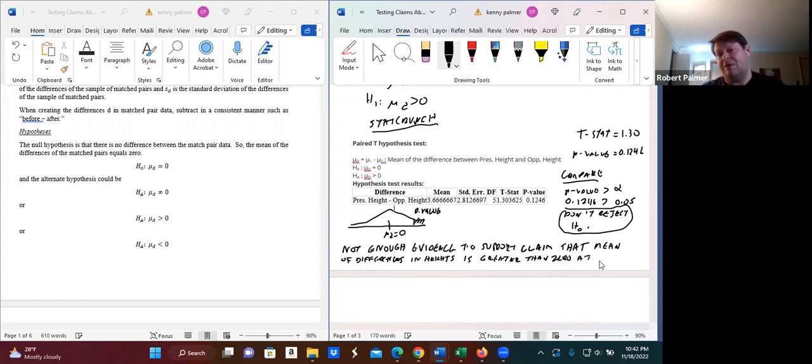Once again, at 0.05 level. I'll just say squeeze it in level.